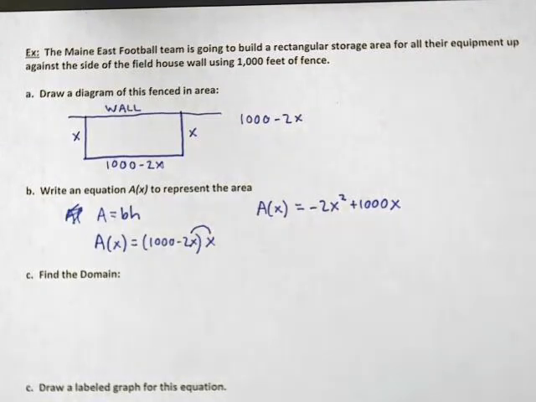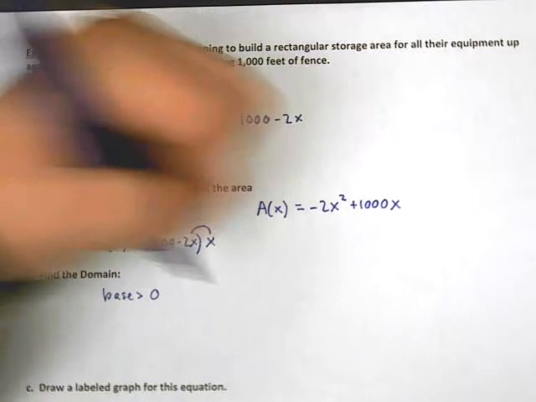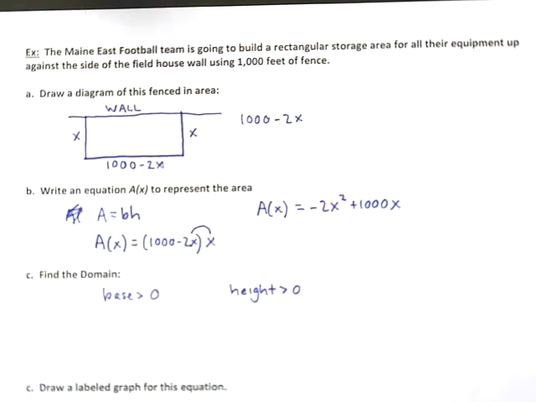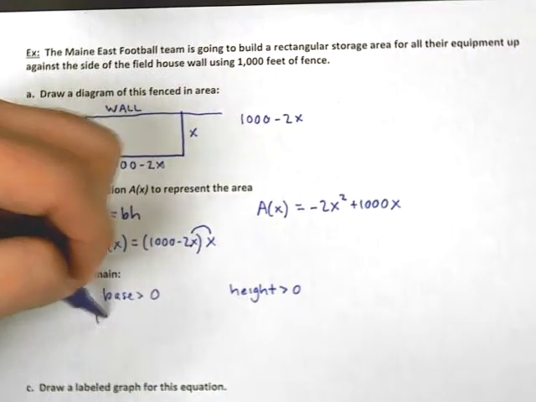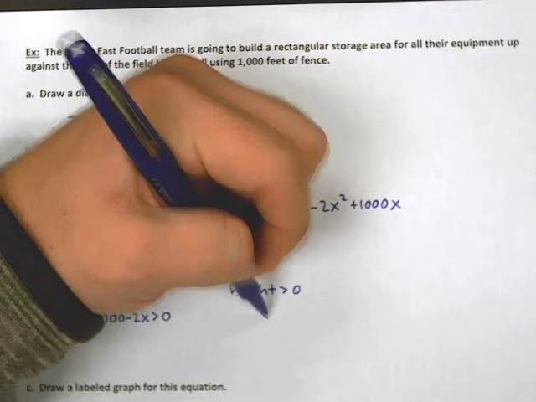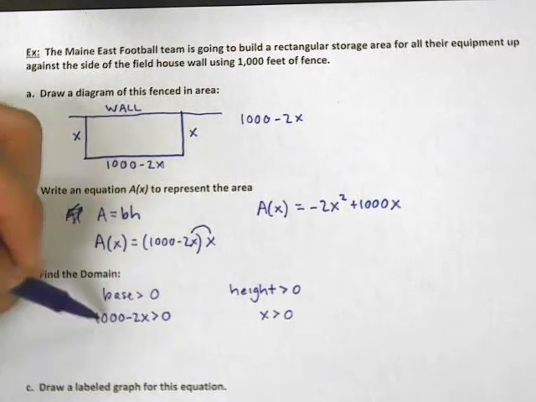We're ready to move on to our domain. Once again, it's a figure, it's a shape. Base has to be greater than 0, height has to be greater than 0. My base in this case was 1,000 minus 2x. My height was just x. So as I solve these, again, I know you guys like to move the 1,000 over.